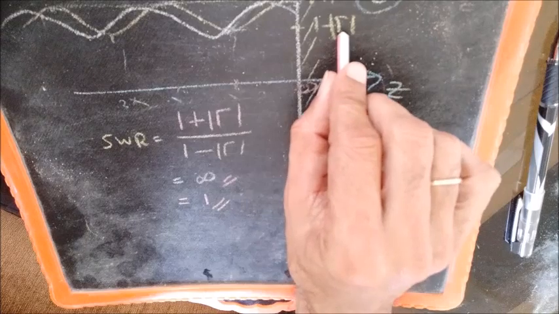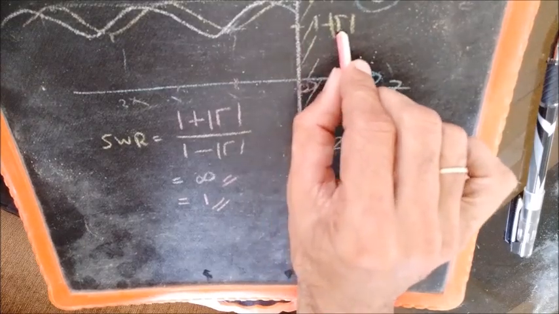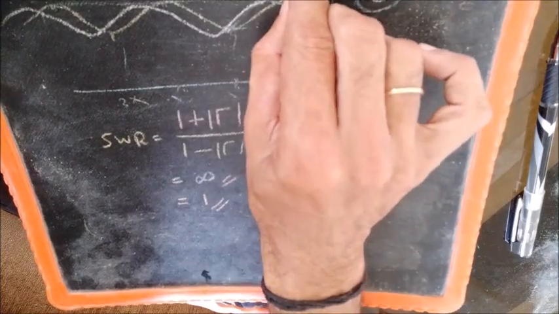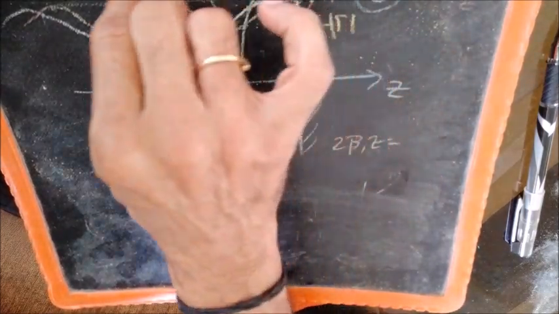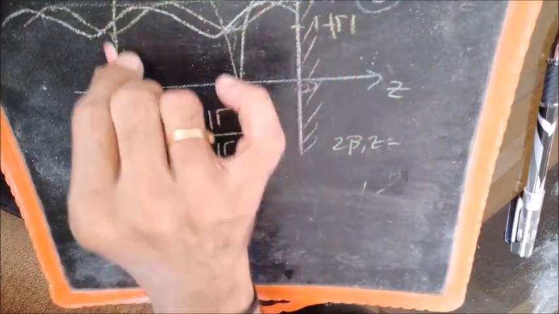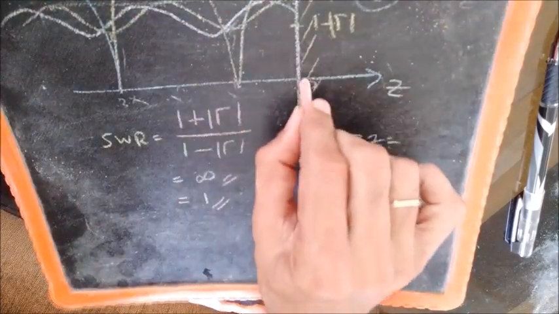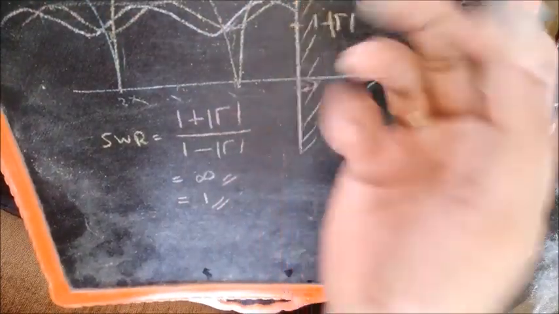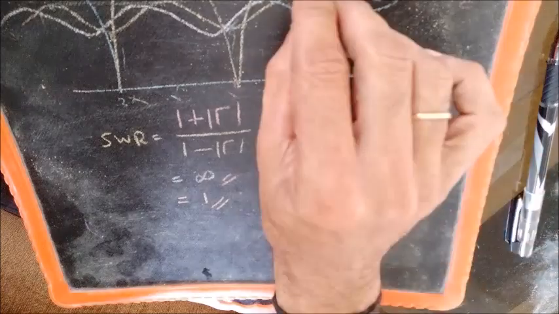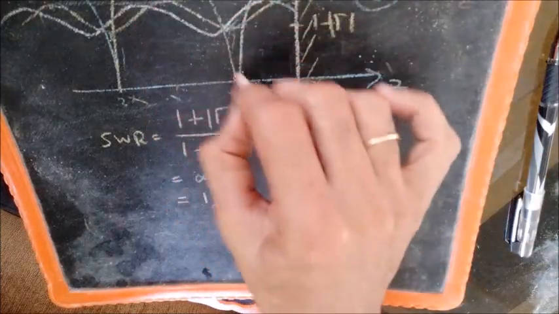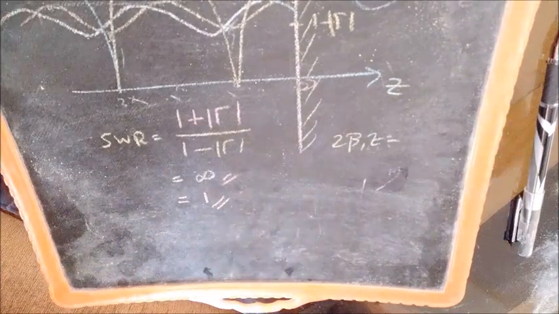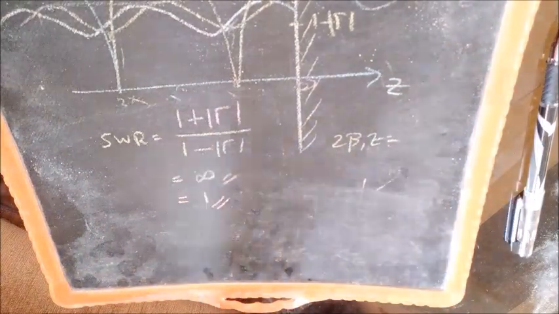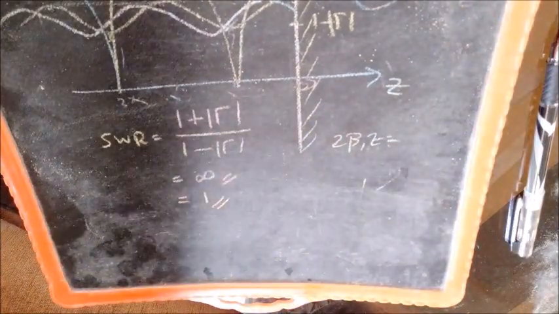And then this will be 0 because gamma is 1. So the picture would be somewhat like this in that case. So 1 minus gamma becomes 0 and 1 plus gamma becomes 2. And the ratio of these two amplitudes will be infinity. That is what the standing wave ratio is. Now we will take a look at the simulation.